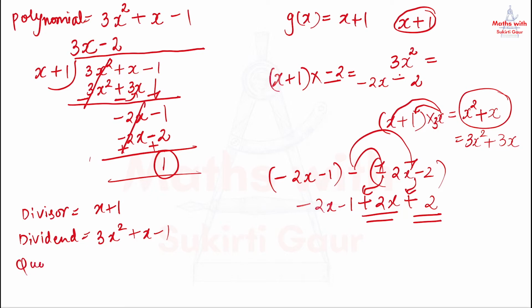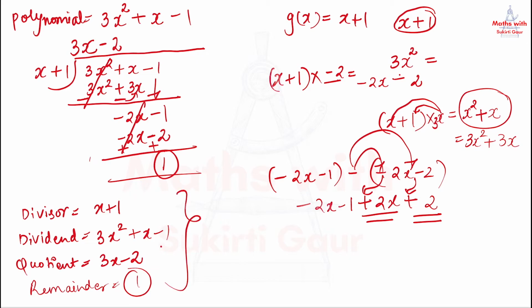Our quotient is 3x minus 2 and our remainder is 1. This is how you do the division method in polynomials. Okay, dividing one polynomial by the other. This is how you get the remainder.